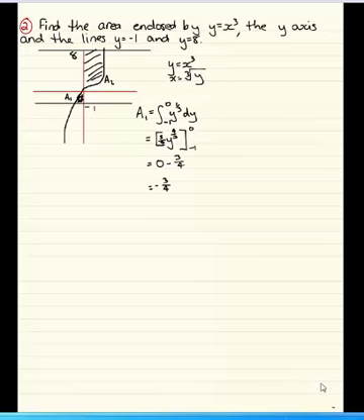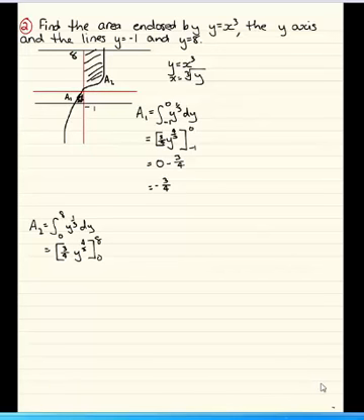Okay, so what about our second area? So area 2, we find the integral from 0 to 8 of exactly the same thing. So again, the part inside the brackets is exactly the same. But now we are going from 0 to 8.